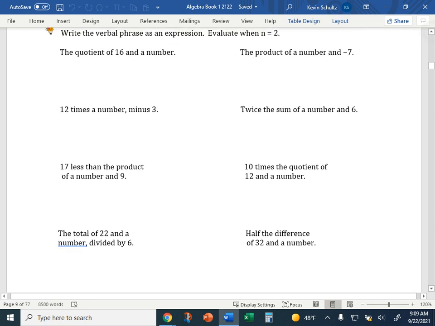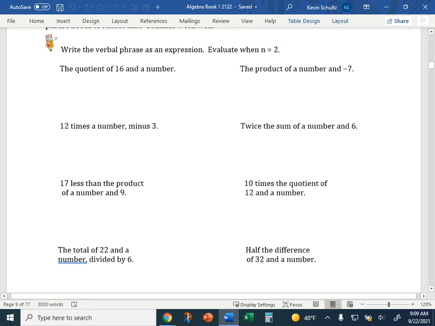We've got, let's see, directions say, write the verbal phrase as an expression. Evaluate when n equals 2. So the quotient of 16 and a number, we see the word of there, right? But it's preceded by quotient, which tells us that we are dividing here. Does the order matter when you divide things? It does, okay? So 16 and a number, it's important that we put that 16 first. 16 divided by a number.